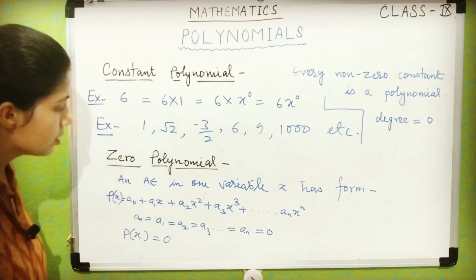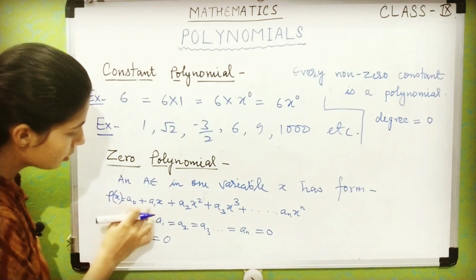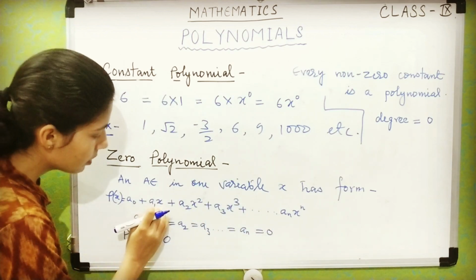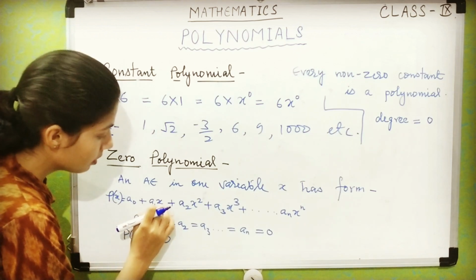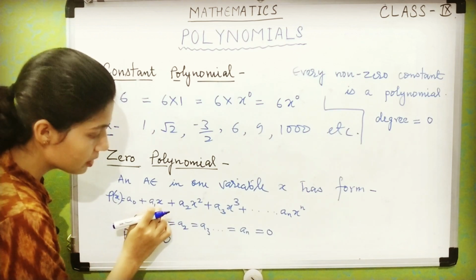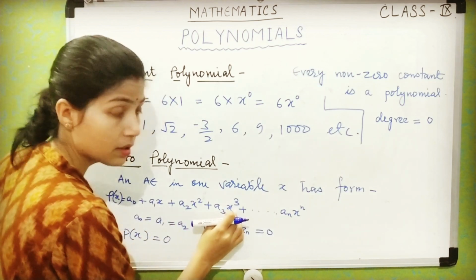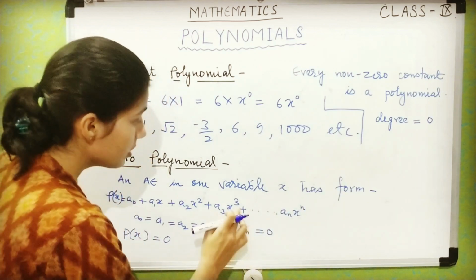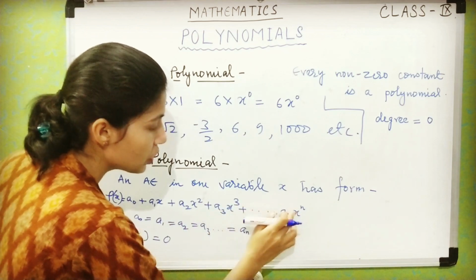Now see this zero polynomial. All these coefficients are 0, but with them there is also a variable: with a1 it is x, with a2 it is x square, with a3 it is x cube, and with an it is x to the n, so the power of the variable is changing.